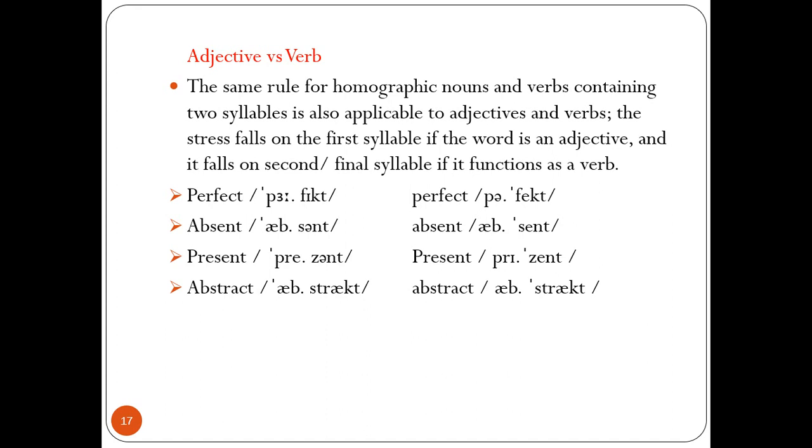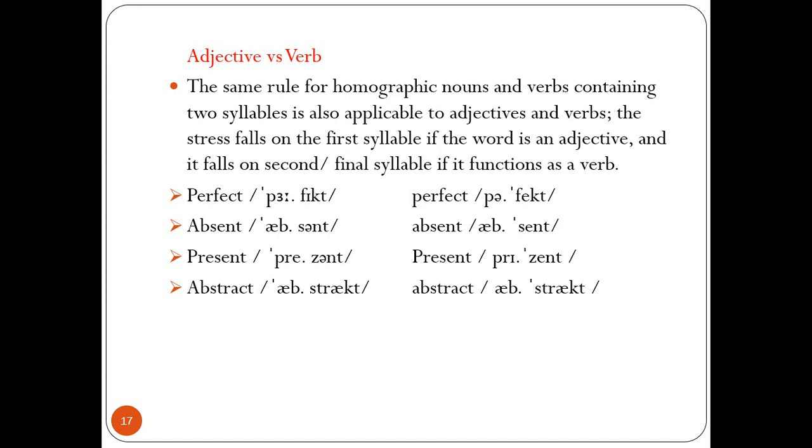When the word is an adjective, the first syllable is stressed. When the word functions as a verb, then the second syllable is stressed. So look at the examples: perfect, perfect; absent, absent. And then we have got the same example, but there it was a noun and verb.